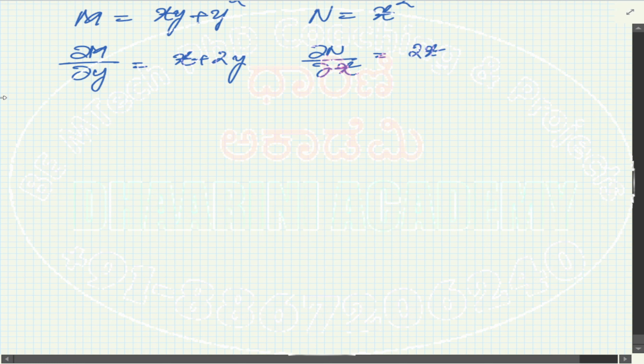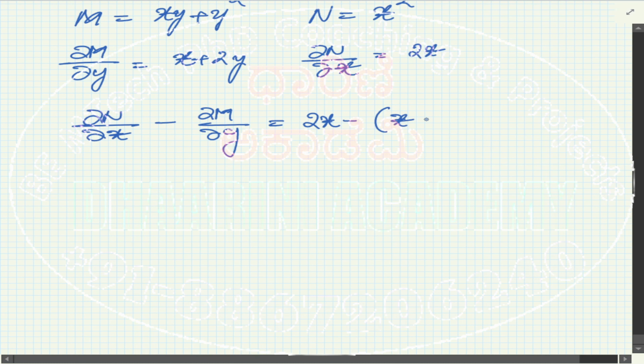Right. Now the term that should be used in integration on the right hand side is dou N by dou x minus dou M by dou y. So this is 2x minus x plus 2y, right?